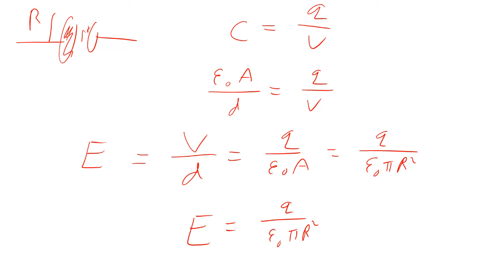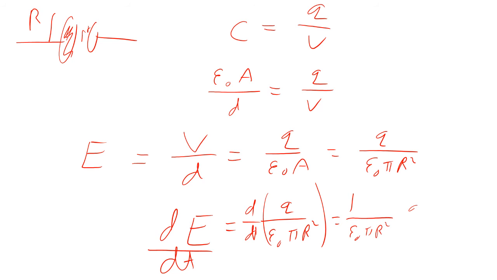If I take the derivative of that, everything's constant except for Q, so it's 1 over epsilon naught pi R squared times dQ/dt. Well, dQ/dt is I. So what that means is we can now say that dE/dt equals 1 over epsilon naught pi R squared times I.